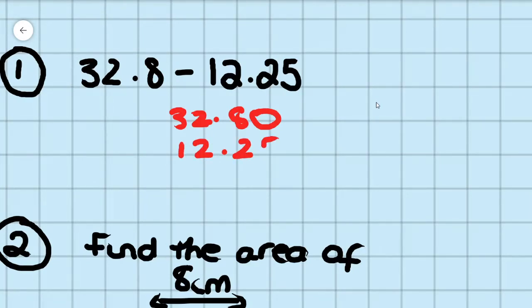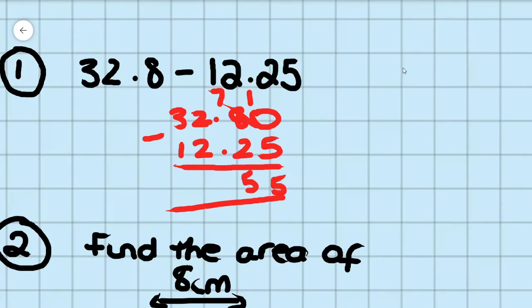So 12.25, and we're subtracting. But 0 take 5, which I can't do, so I'm going to borrow from here. 10 take 5 is 5. 7 take 2 is 5. Bring down decimal point. 2 take 2 is 0. And 3 take 1 is 2, so it's 20.55.